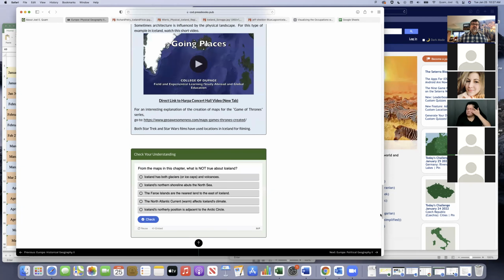And some have a green box. The green box is a little quiz called Check Your Understanding. And here it is, one multiple choice option for you to do. You read the chapter, try it out. Did you get it? So you would answer the question, click there on the check, and it will tell you whether or not you were correct.